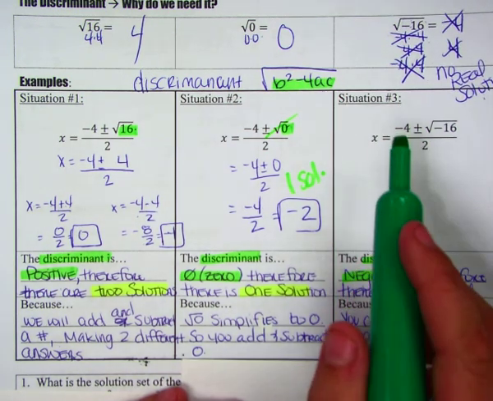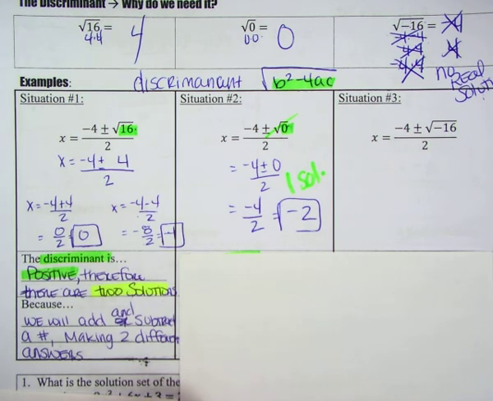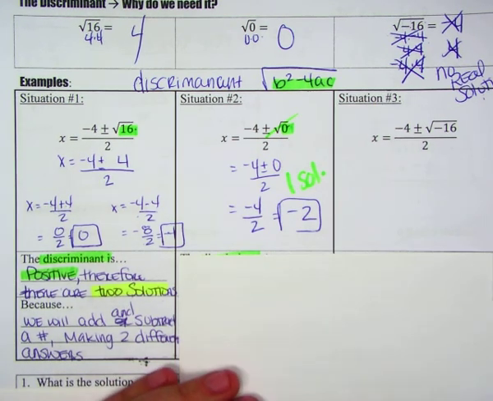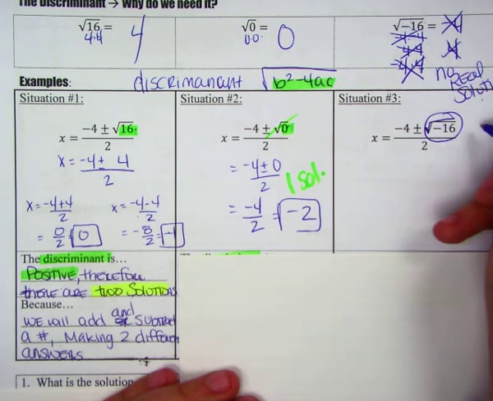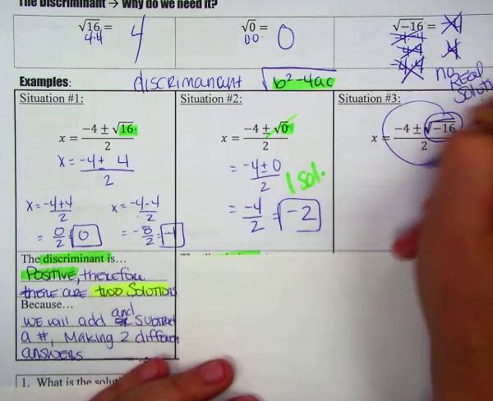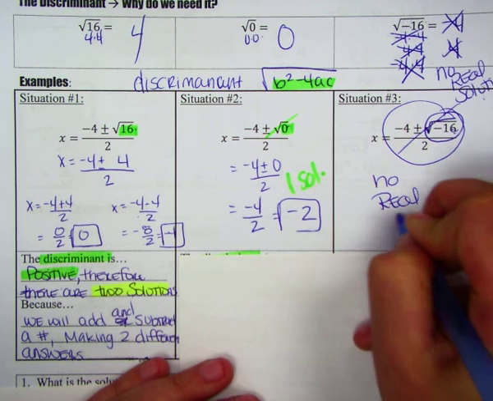The last situation is situation 3. Negative 4 plus or minus the square root of negative 16. Like we said before, this has no real solution. So this whole thing has no real solution.